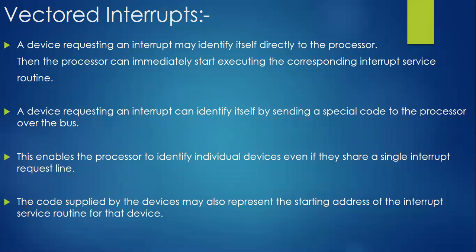Whenever this interrupt request is received by the processor, what will be the next step? It should give an acknowledgement to that particular device, is it right? Otherwise we are raising one more interrupt request over there. That should not happen, right? So we need to raise an acknowledgement towards the source device.